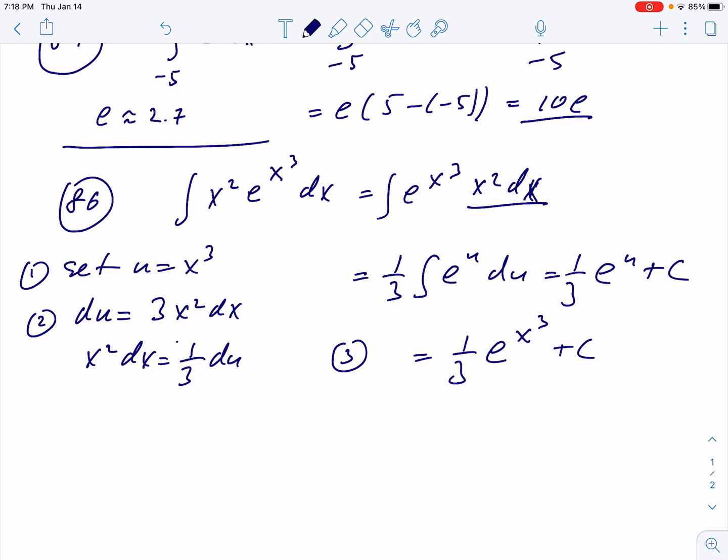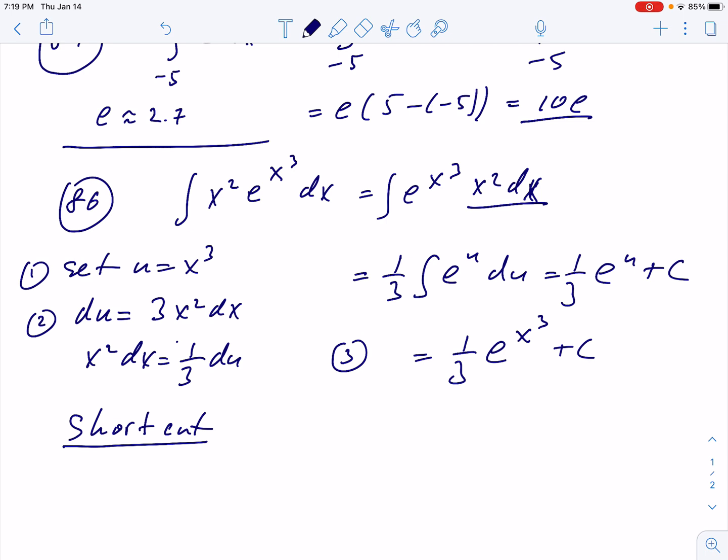I want to show you a shortcut. Shortcut how to solve this problem. Sometimes it's good to do this. The previous computation shows that du is 3x squared dx.